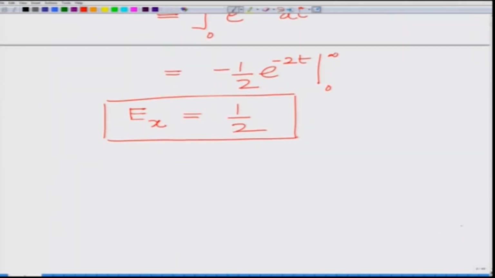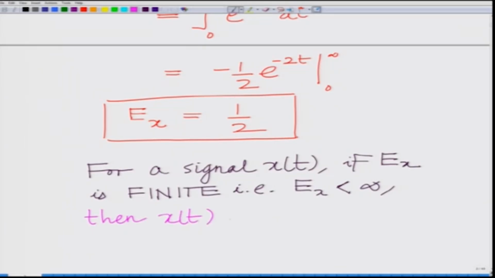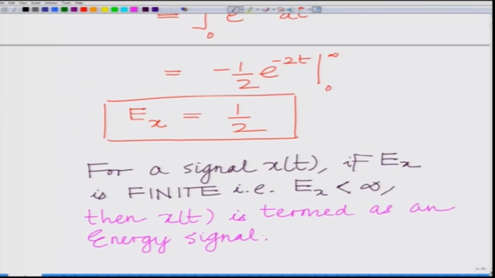Now, if Ex for a signal x(t) is finite, that is, Ex is strictly less than infinity, then x(t) is termed as an energy signal.